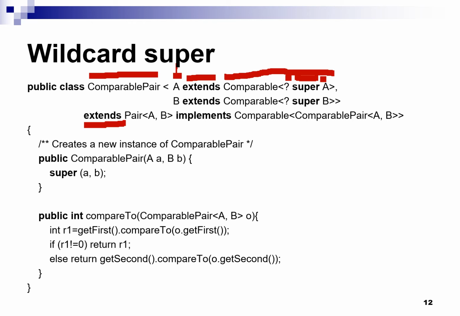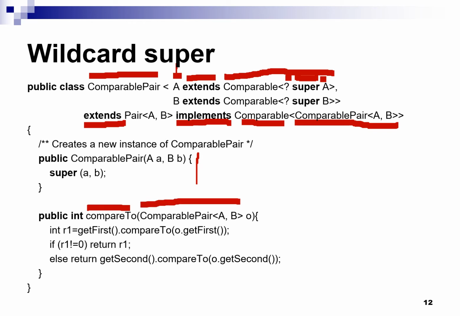And then here basically we are extending pair of A B, and then implementing comparable of what? Of a comparable pair, right? Because we are declaring the class comparable pair. Then we declare a constructor, and then because this class is going to be comparable, we need to implement compareTo of what?